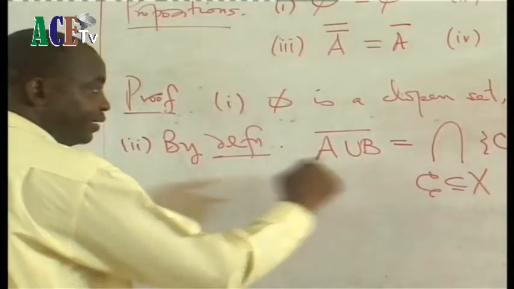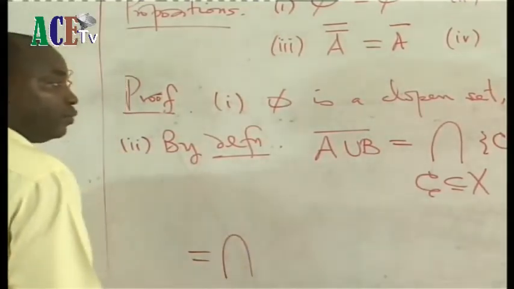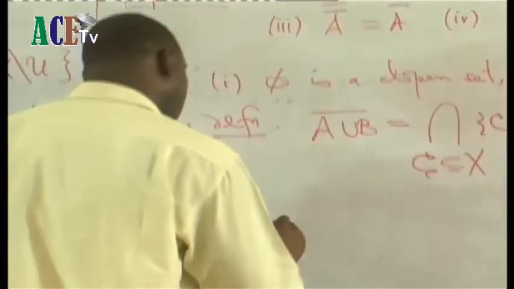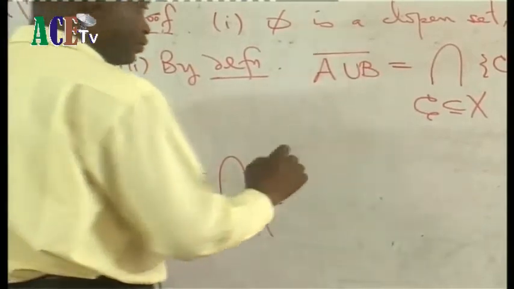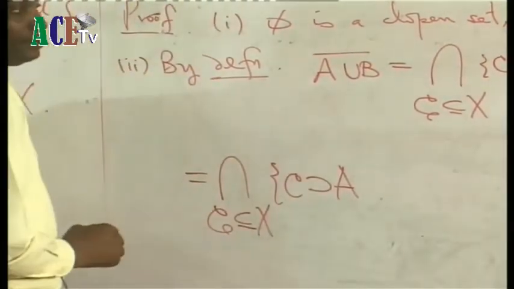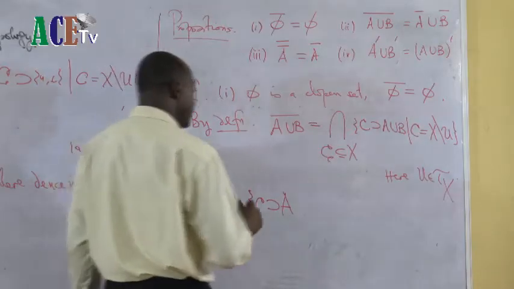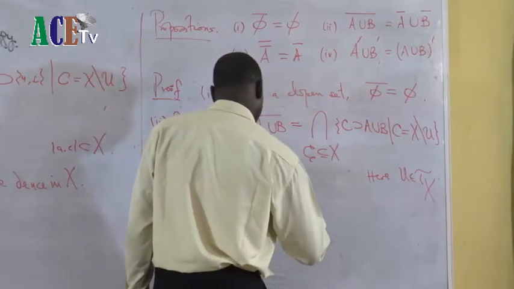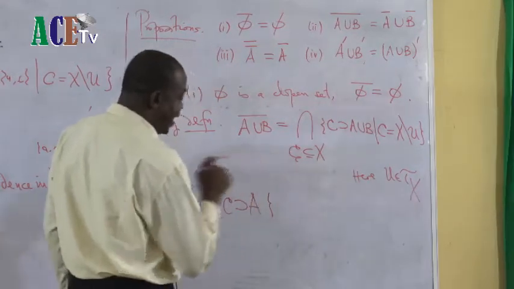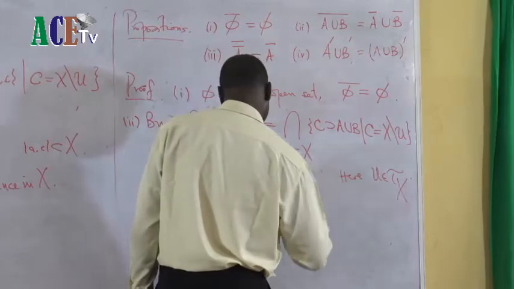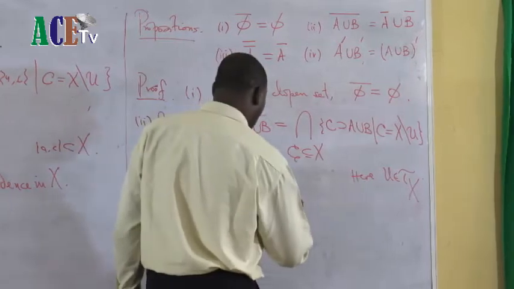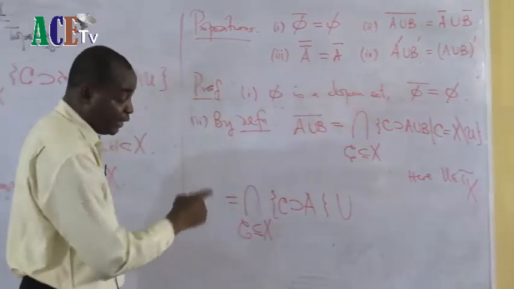Now, this means you take the intersection over C in X, where C contains A. And because this claim is "or", when you have "or", you have the union.